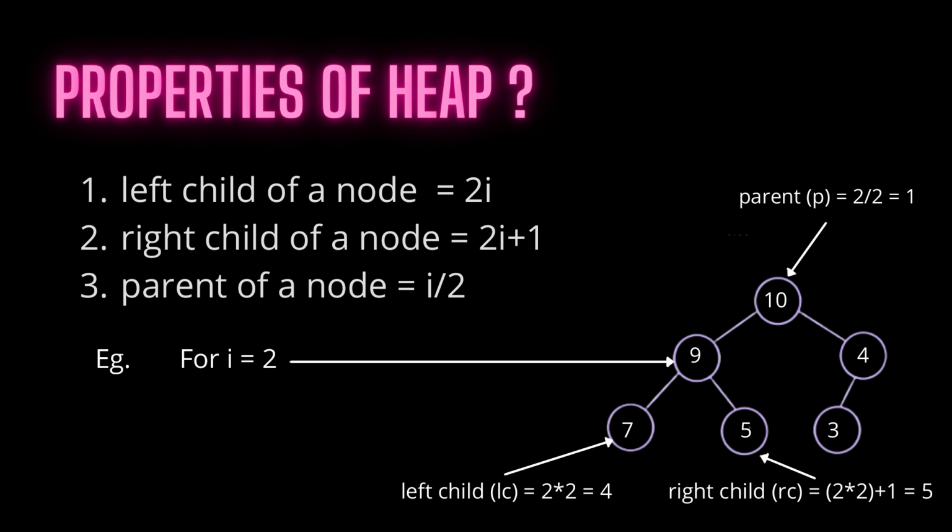So the left child of that node is the node at the fourth index. So we got the node as 7. Similarly, to get the right child we have one formula, and to get the parent we have another formula.